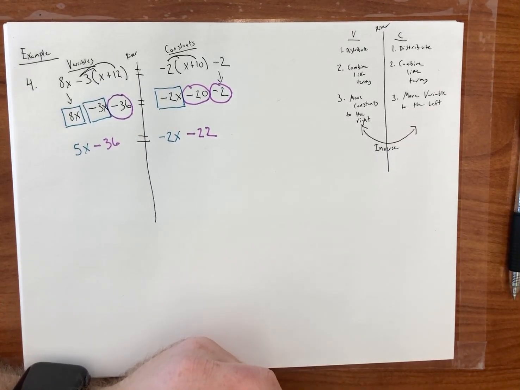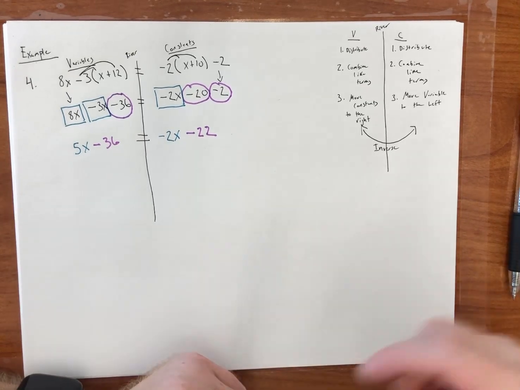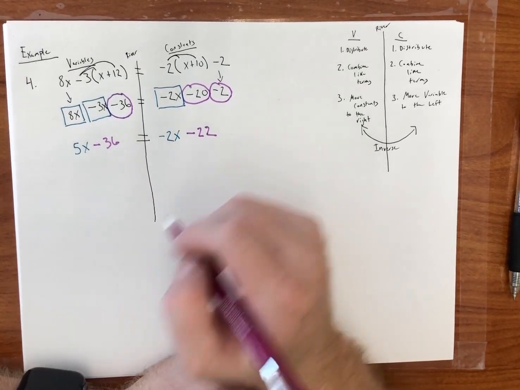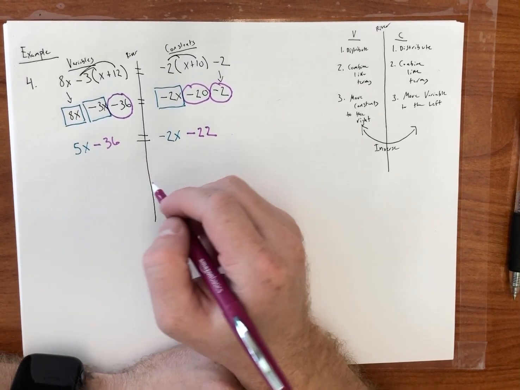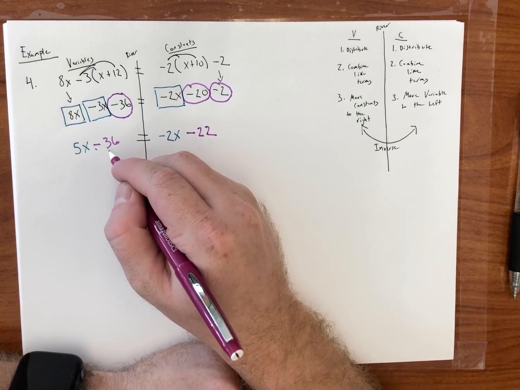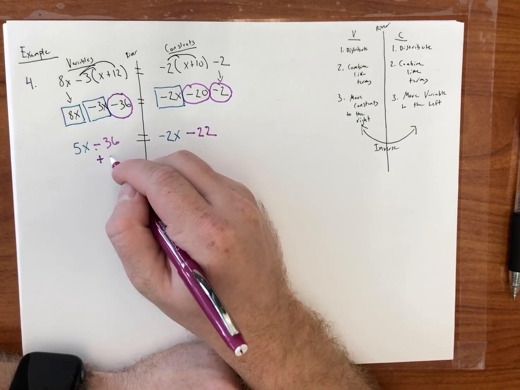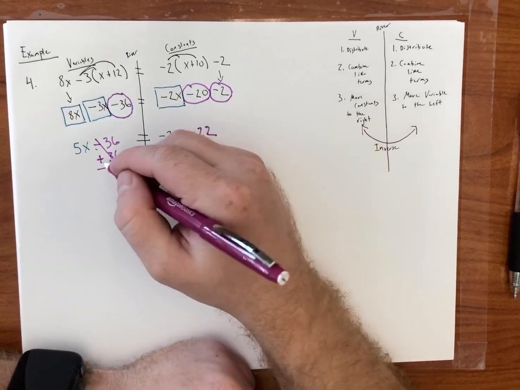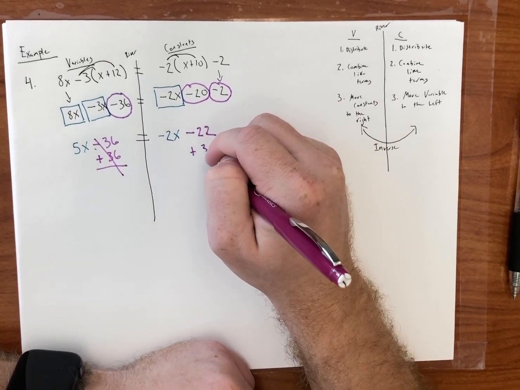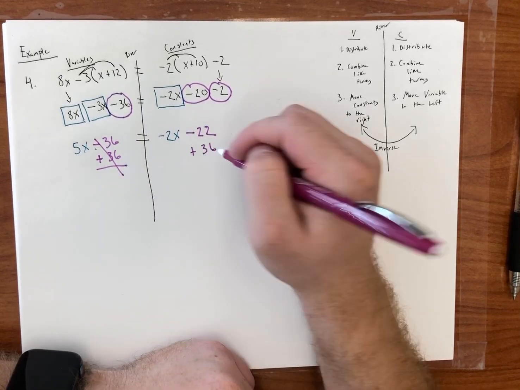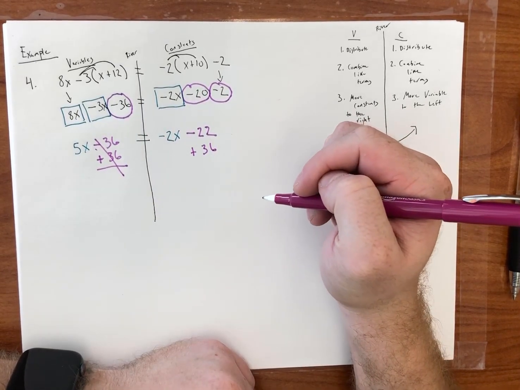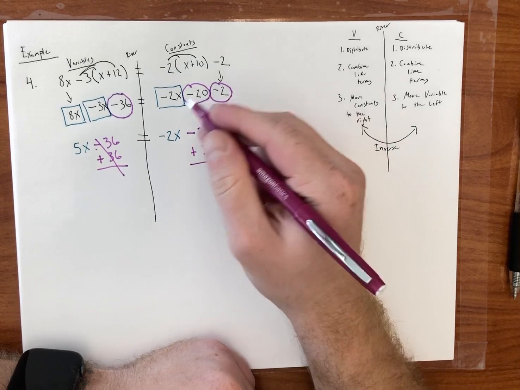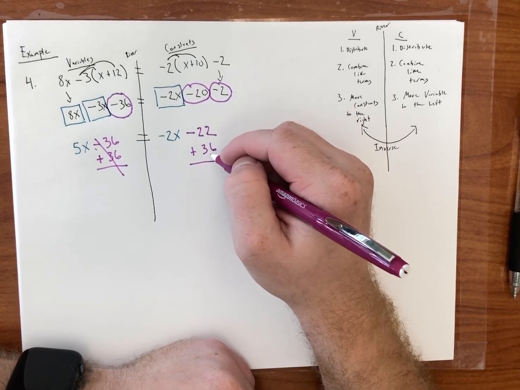So let's go ahead and get started. I want to move my constant over. So let's move the constant from the left to the right. I'm subtracting 36, so I need to add 36 because that is the inverse. That cancels. What I do to one side, I do to the other. So remember, I'm adding my constants to my constants. Okay. So now I have a negative and a positive.